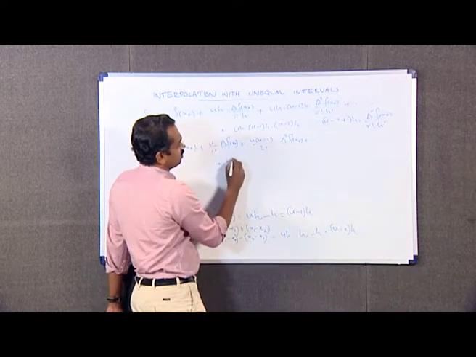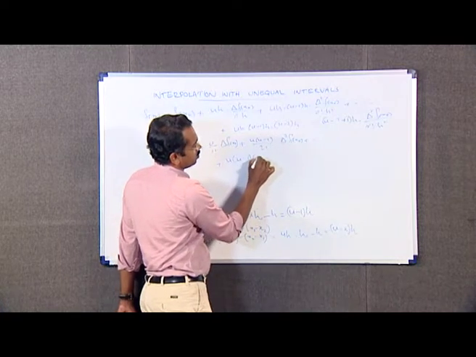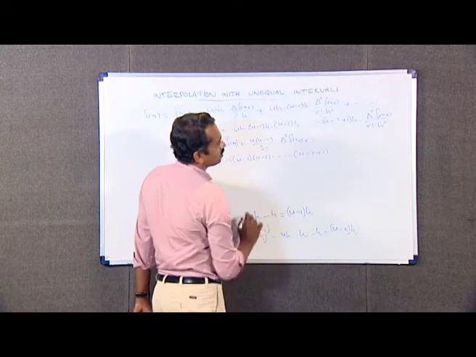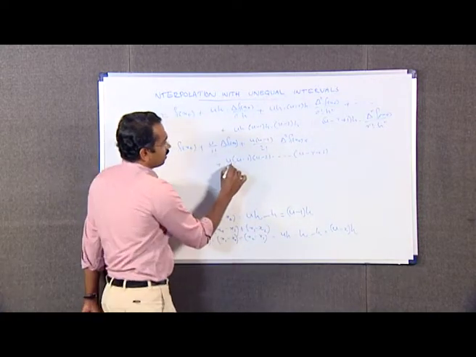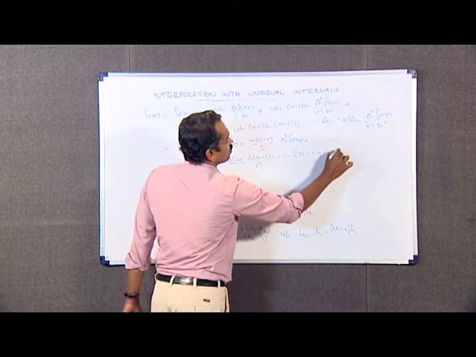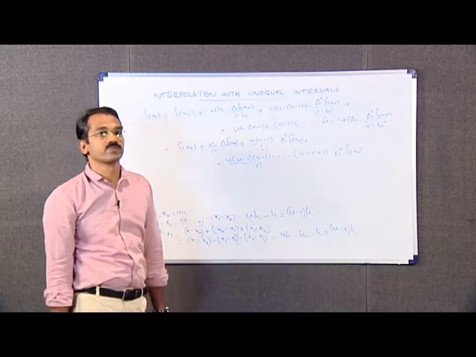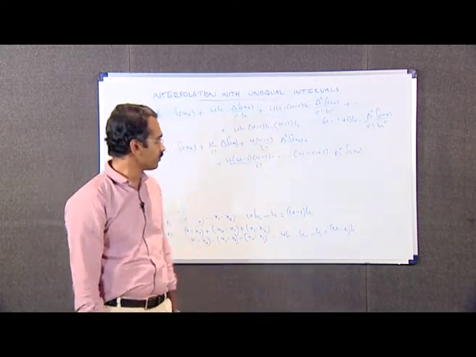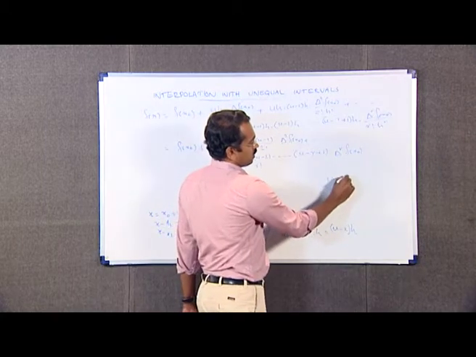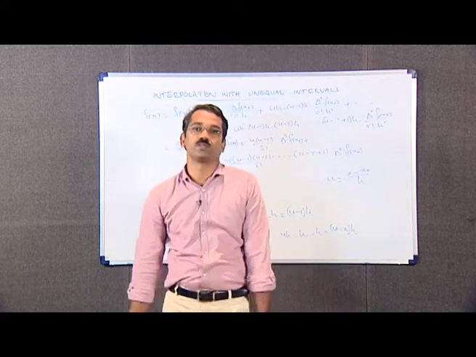Then the remaining terms are u into u minus 1 into u minus 2 into etc. u minus r plus 1 divided by r factorial into delta raised to r f of x naught, where u is equal to x minus x naught divided by h.